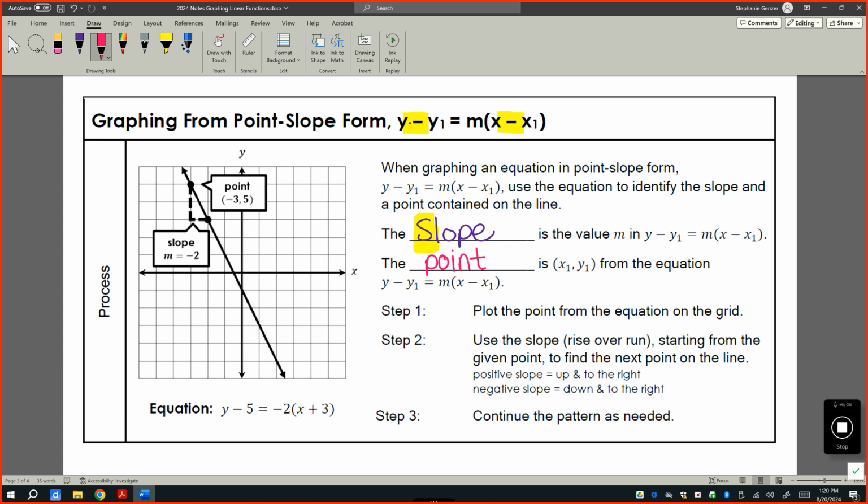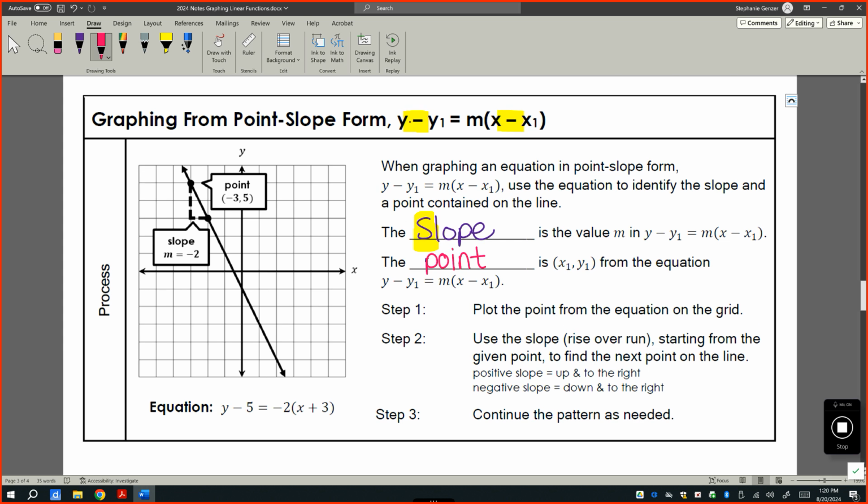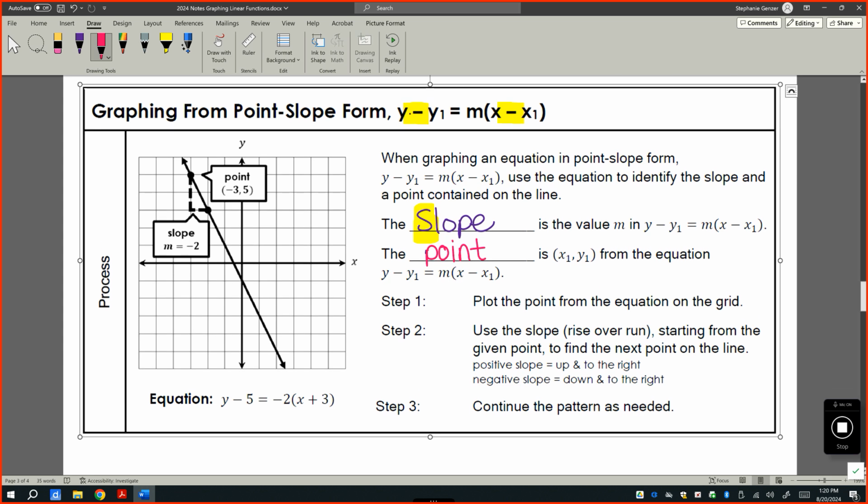Then we count out our slope from that point. If you want to make an additional little note here, what you need to remember is that the x1 and the y1 look opposite in the equation. So think opposite.